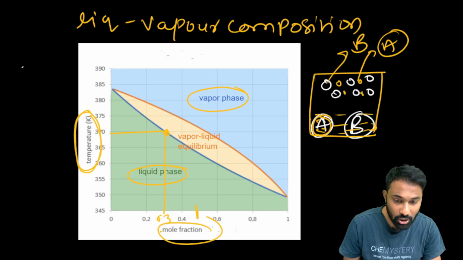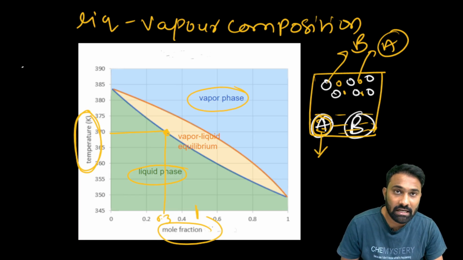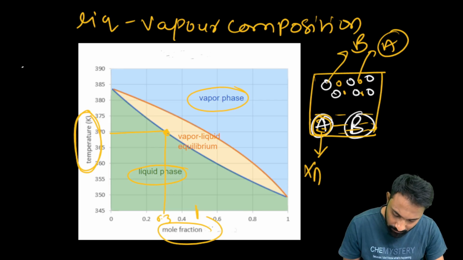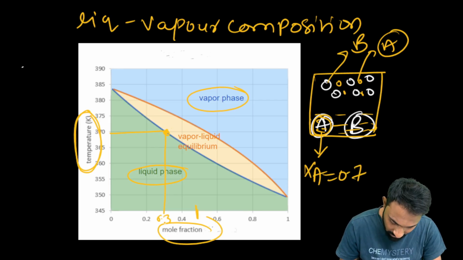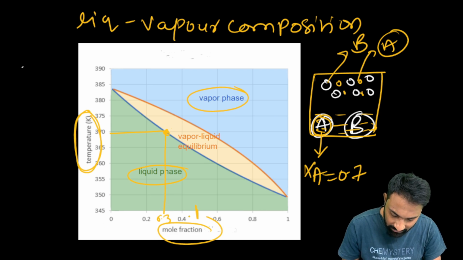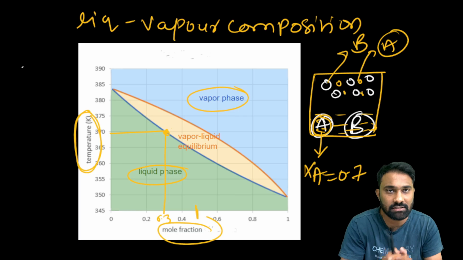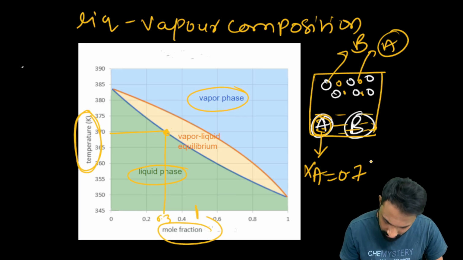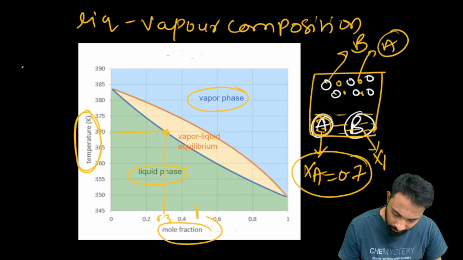From this graph, if you got 0.3, it means the number of moles of A that is present is 0.7. What does it indicate? In the liquid phase, A has the higher mole fraction, 0.7. How much does B have?